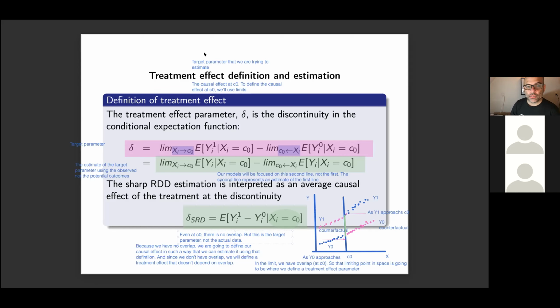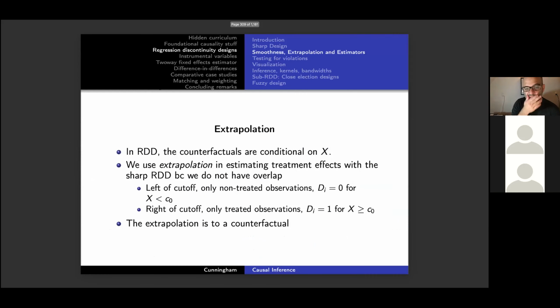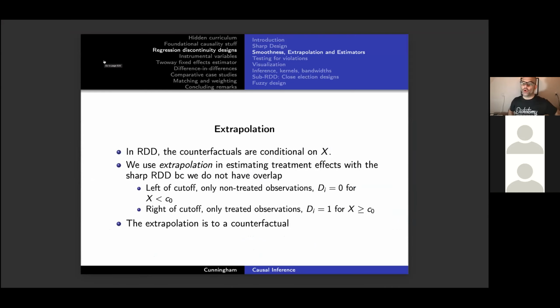All right, so let's go forward. In order to estimate that causal effect at that cutoff, we're going to have to extrapolate beyond the support of the data. Let me restate this.